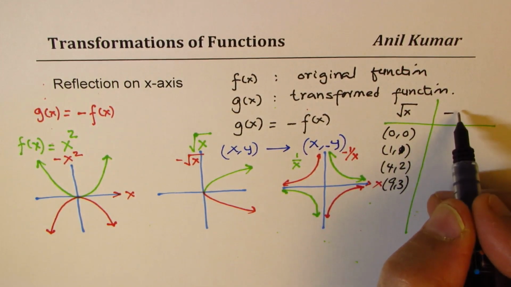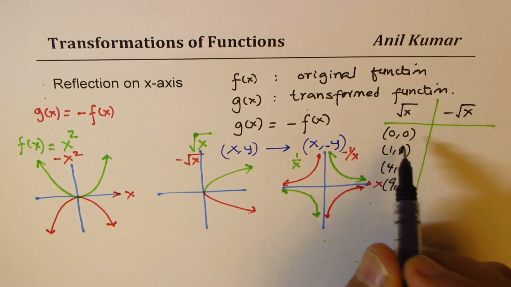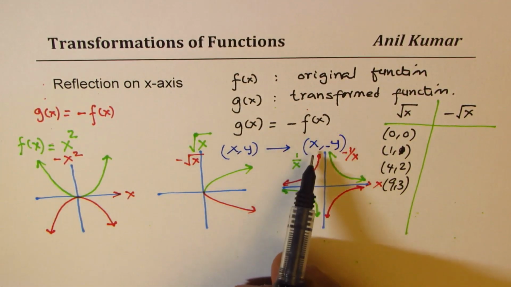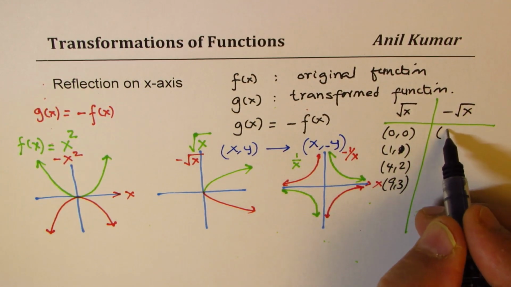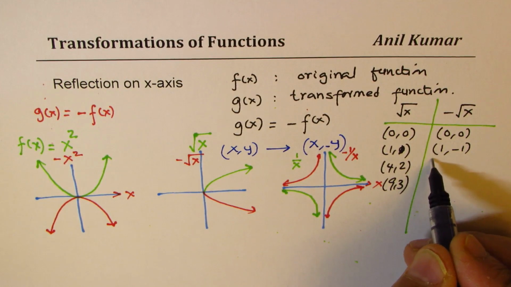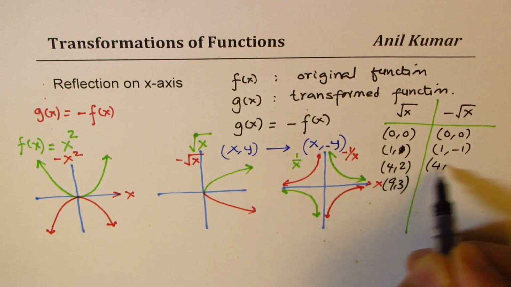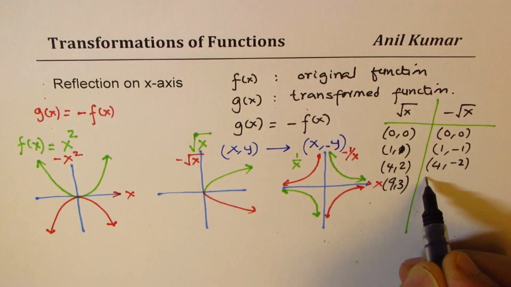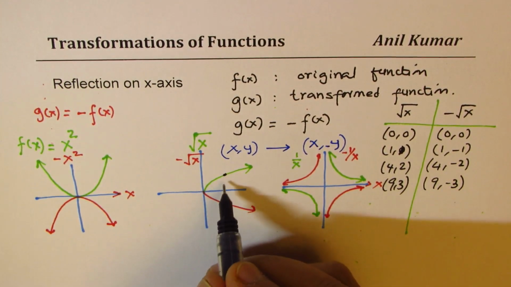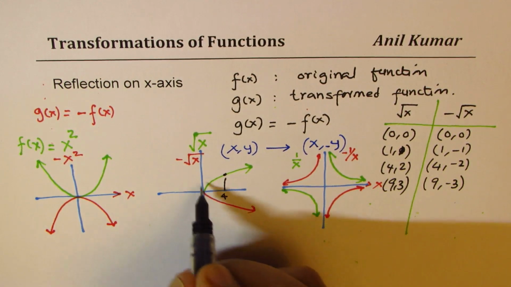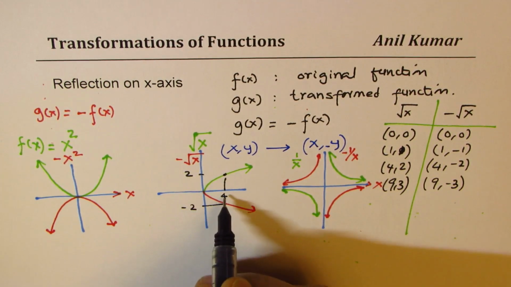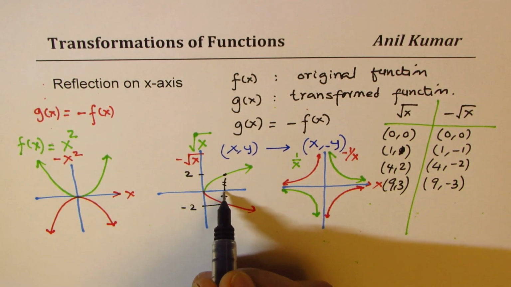But when it is reflected on the x-axis, the y values become negative. So 0 remains 0, however, 1 becomes minus 1, 2 switches to minus 2, and 3 becomes minus 3, right? So you can see here that this point, which let us say was (4, 2), now has a value of (4, minus 2), right? So you see the reflection.